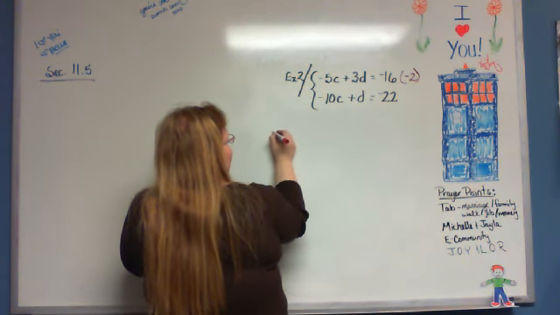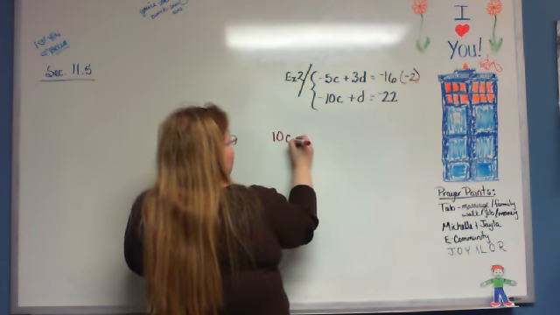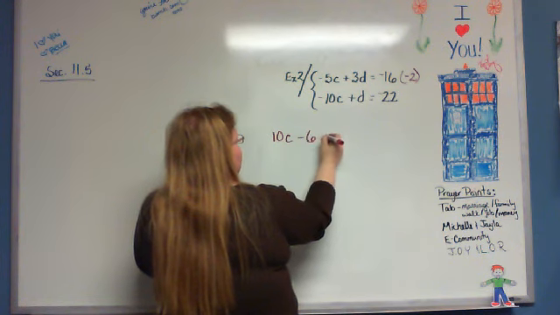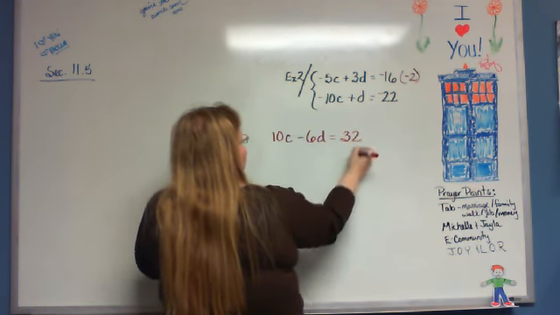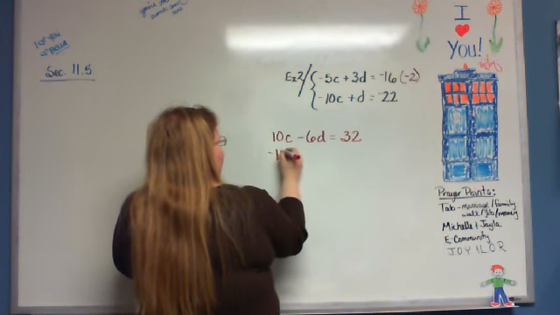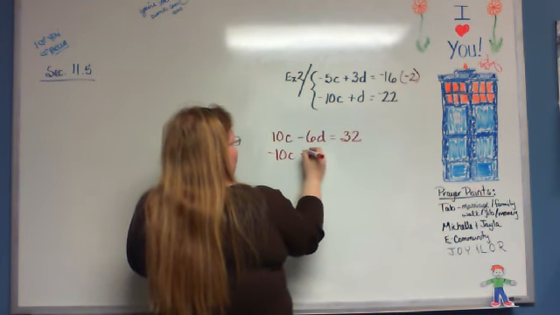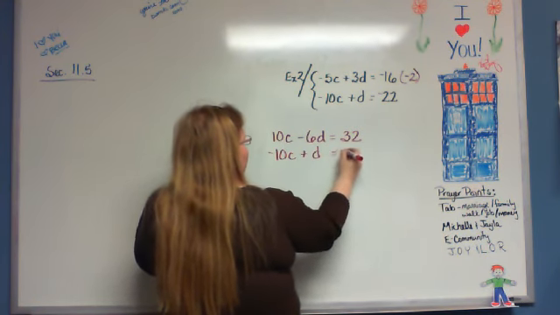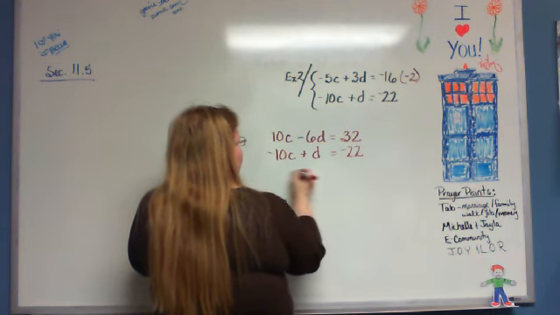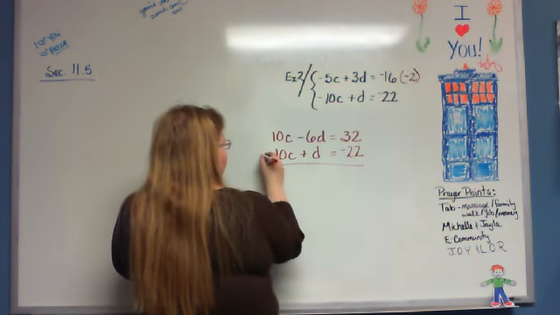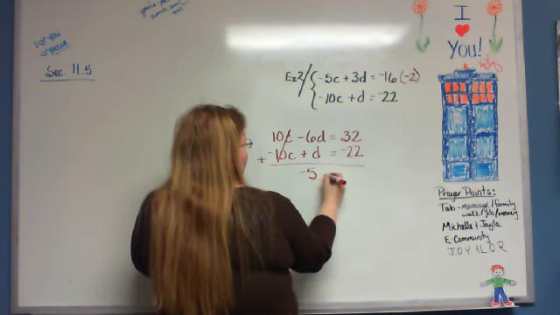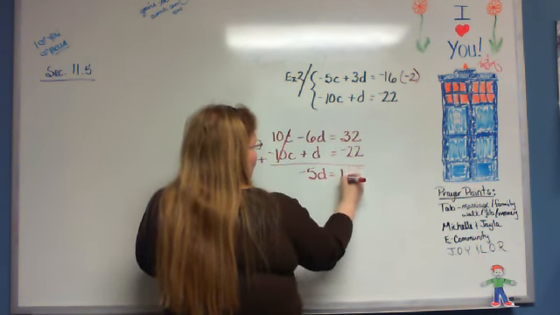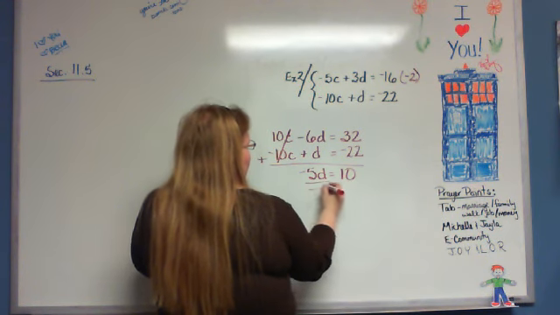So that'll give me a positive 10c minus 6d equals a positive 32. And then I have my negative 10c plus d equals negative 22. That'll make those cancel out. Give me negative 5d is equal to a positive 10.